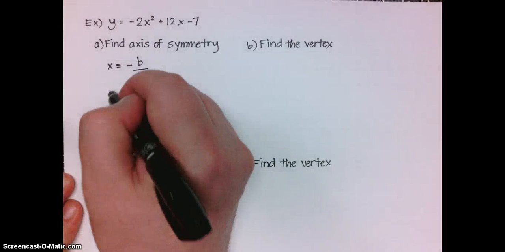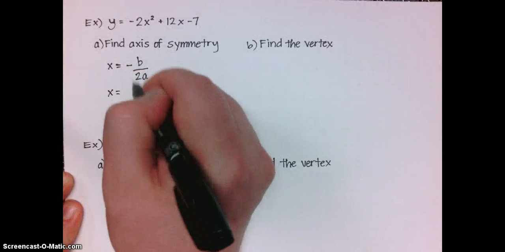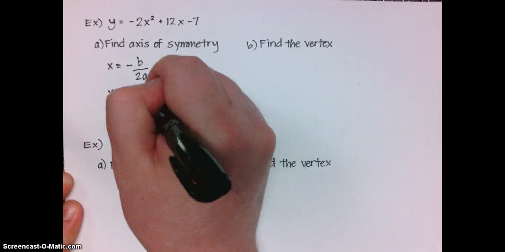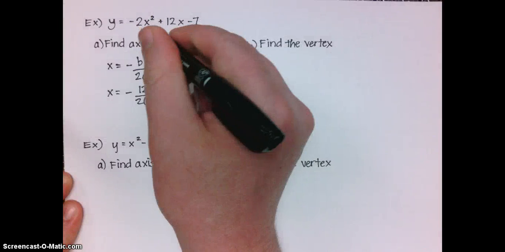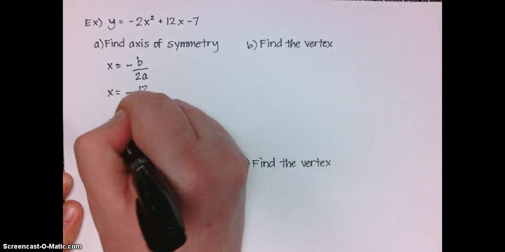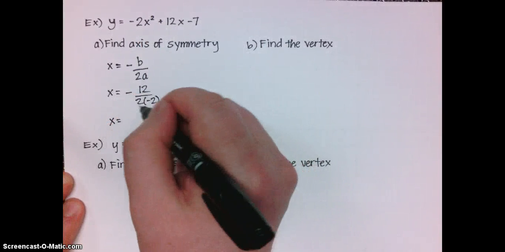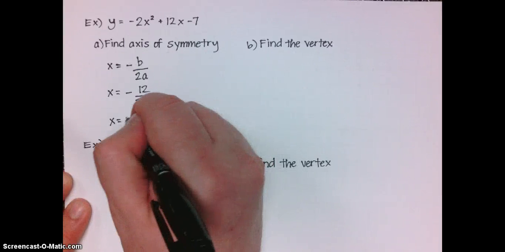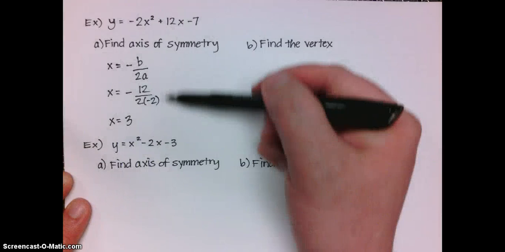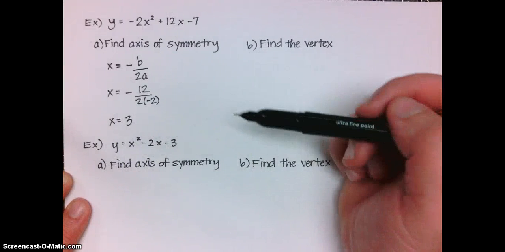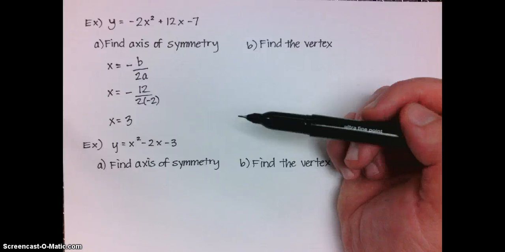x is going to be equal to negative b, which is 12, divided by 2 times negative 2, which is my a. That is negative 12 divided by negative 4, which is positive 3. So this vertical line at 3, where it crosses the x-axis, is going to be my axis of symmetry.